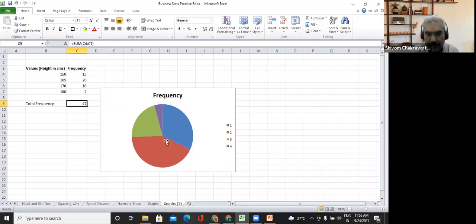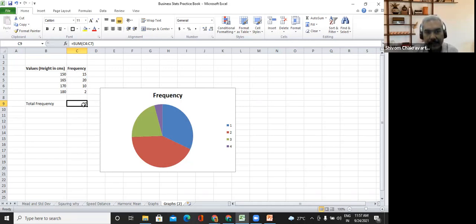A circle will have 360 degrees if you go around the center. So depending on the frequency, we will allot that many degrees to that particular value.